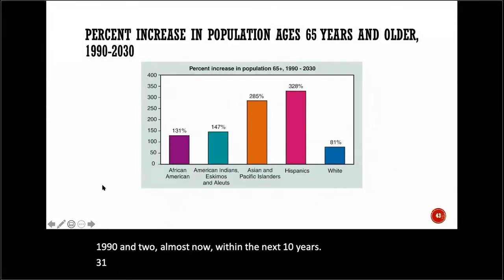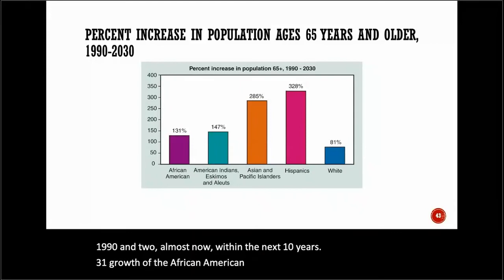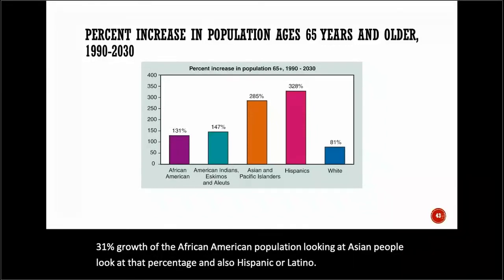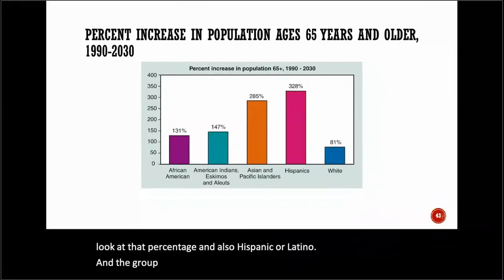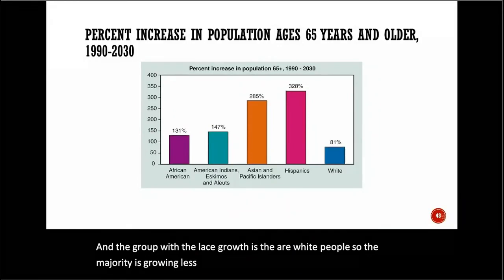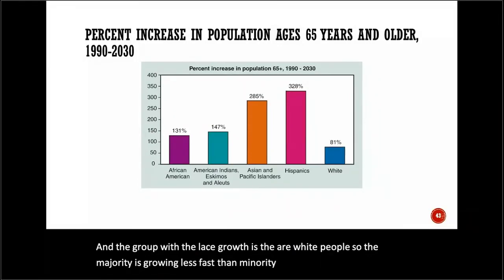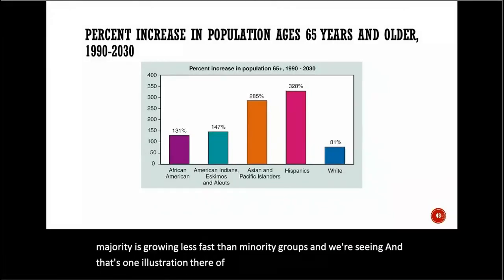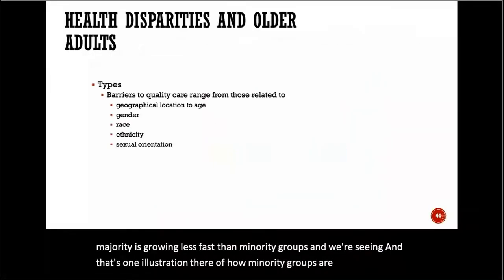Looking at Asian people, look at that percentage, and also Hispanic or Latino. The group with the least growth is white people. So the majority is growing less fast than minority groups, and that's one illustration of how minority groups are really becoming no longer minority groups.